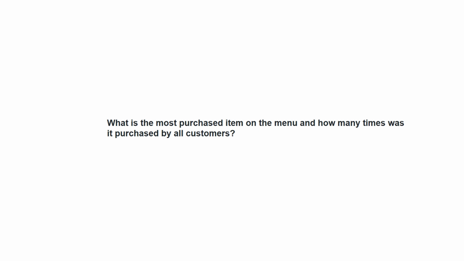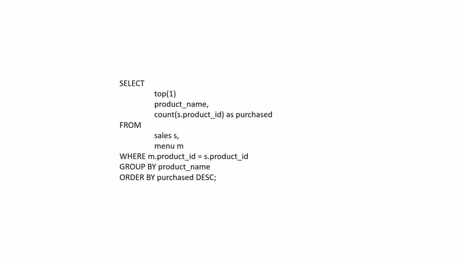Okay, so this is the query for the answer. So what I have done here, this query selects the top one product name from the sales and menu tables based on the count of times the product has been purchased, with ties being broken by product name alphabetically. Okay, here is the breakdown of what I did.